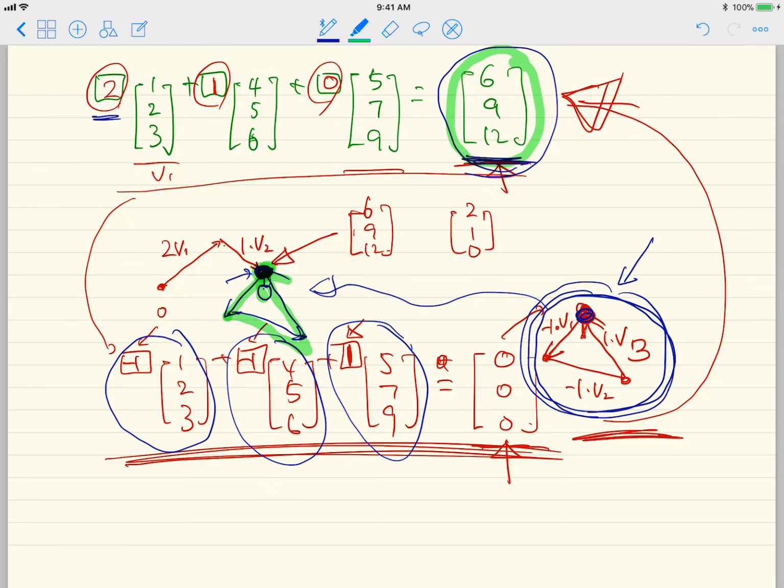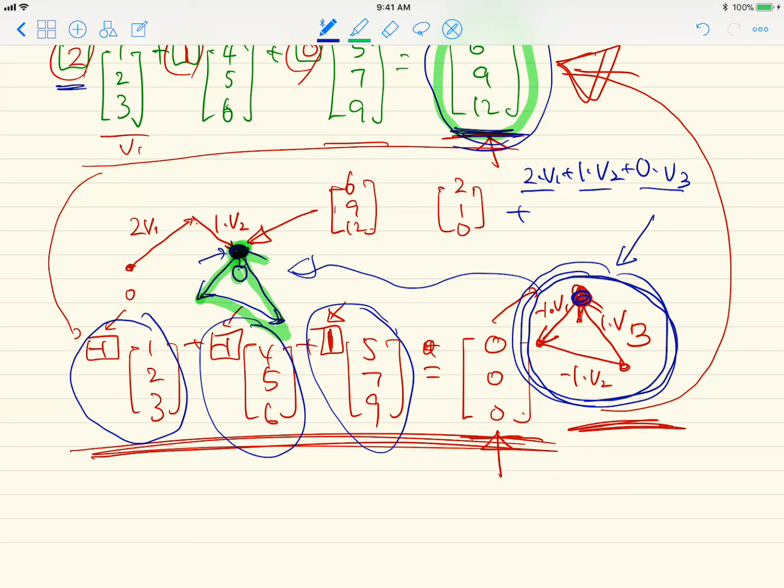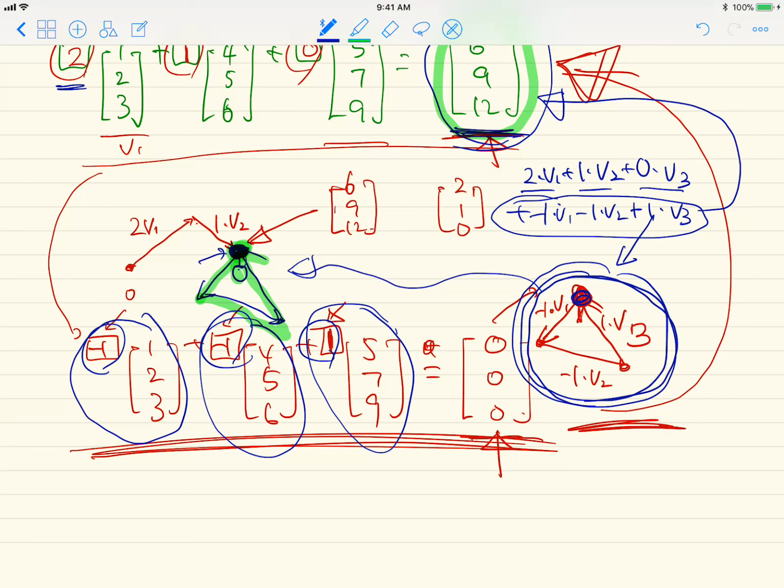So that means 2 times v1, 1 times v2, and 0 times v3, plus another sequential vector addition of -1 times v1, -1 times v2, plus 1 times v3. That will give this exact same point, because these further movements will not change the original starting point, right?